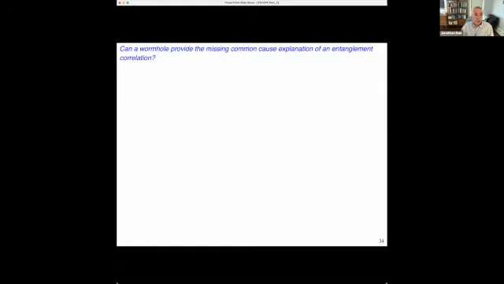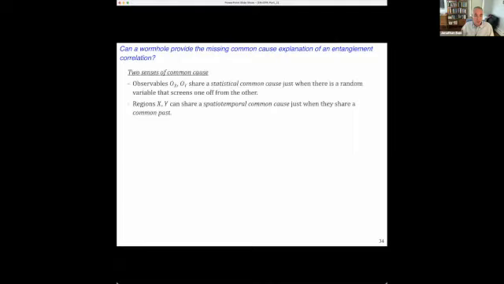What about a common cause explanation? Can a wormhole provide the missing common cause explanation of an entanglement correlation? And here we might distinguish between two senses of common cause. We might say that observables OX and OY share a statistical common cause just when there's no random variable that screens one off from the other.